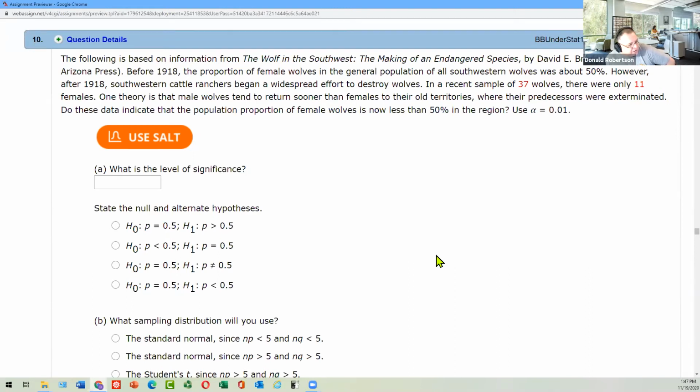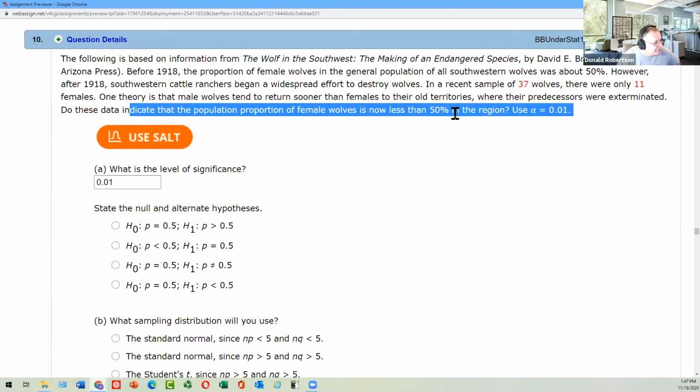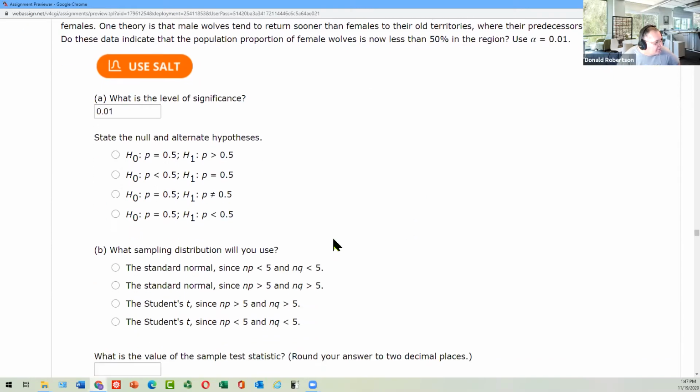And they give you a reason why they think it's true, but nonetheless, it's still 11 out of 37. And the significance level that they're using is the hardest one to get over. It's the 1% level. So I'm going through this bit pretty quickly. Here's what we're trying to show, that it's less than 50.